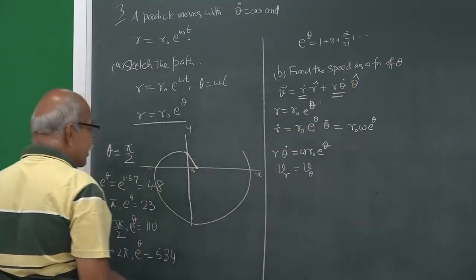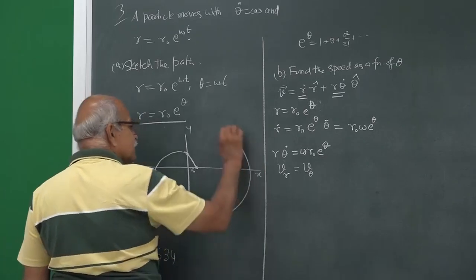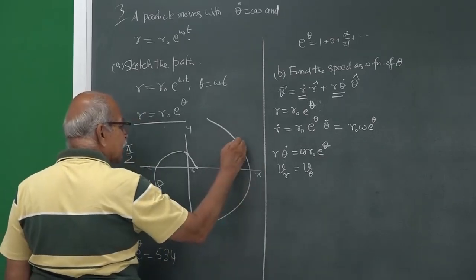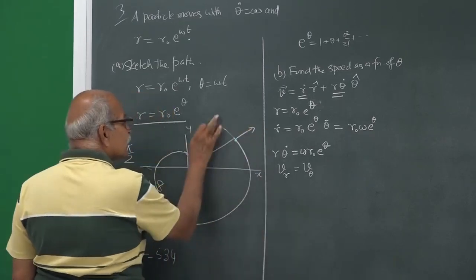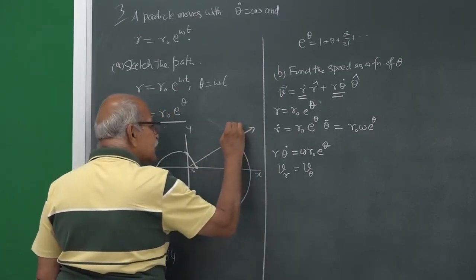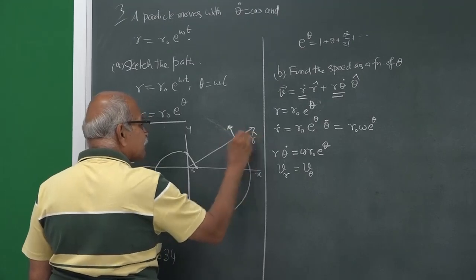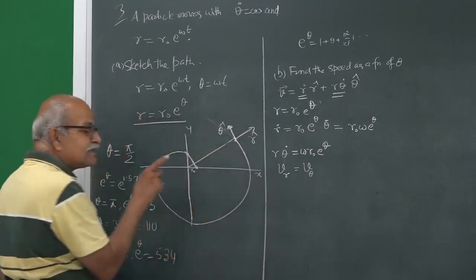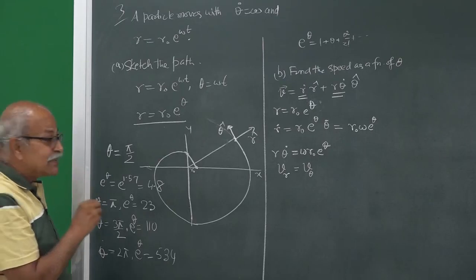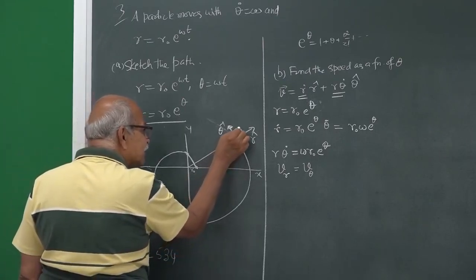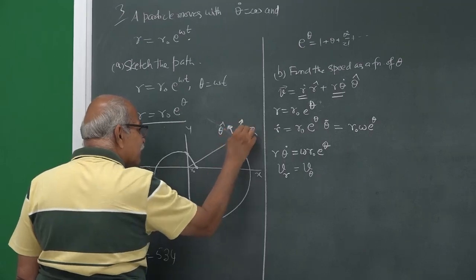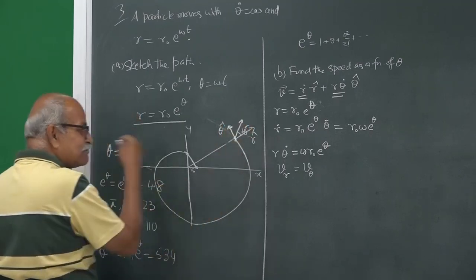So, if I am somewhere here on this path, and if this is the r cap direction and the perpendicular to it is theta cap direction, this is r cap, this is theta cap. Now, velocity has equal components in the two directions, and therefore, the velocity should be in this direction, 45 degree to it. Our diagram is bad.